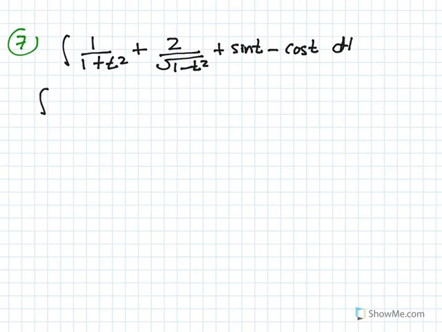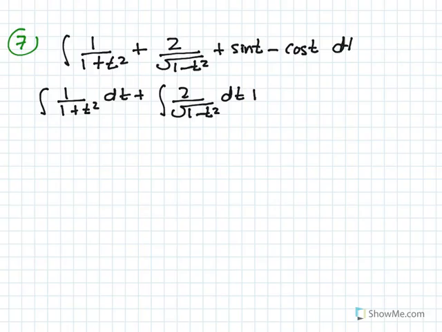So we're going to split up the integral. That's integral 1 over 1 plus t squared dt plus integral 2 over root 1 minus t squared dt plus integral sine t dt minus integral cos t dt.